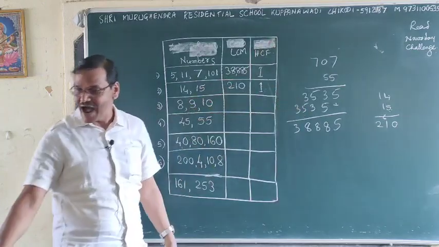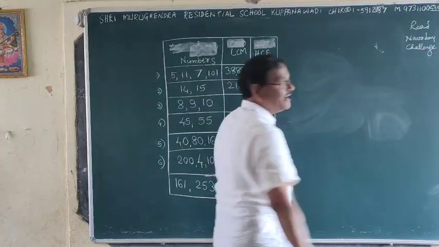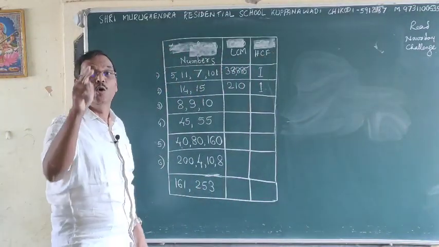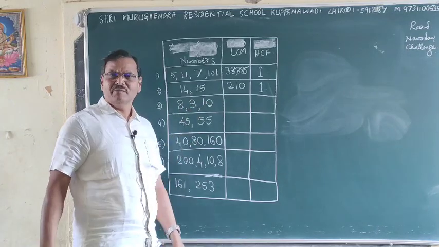Making it easy, we have to save time here and spend it on other problems. So you have to understand the rules. 8, 9, 10: what kind of numbers?